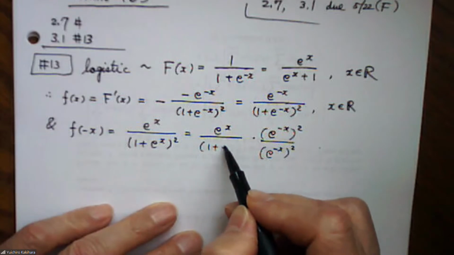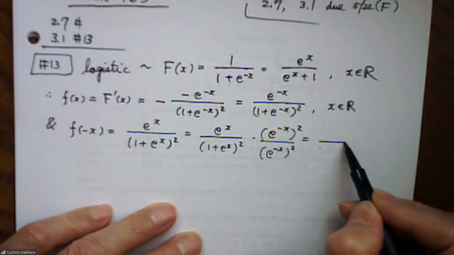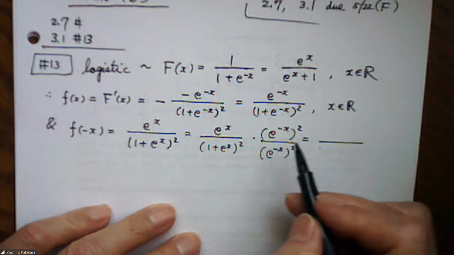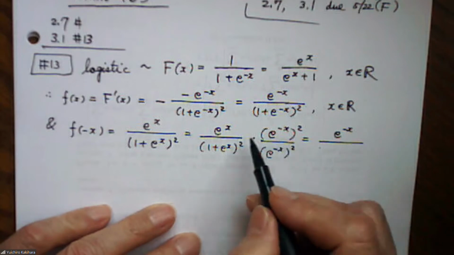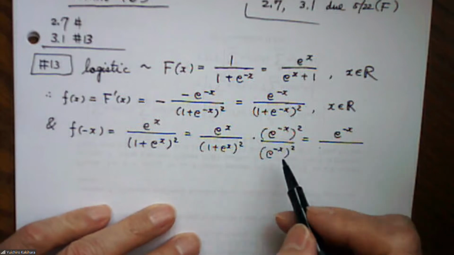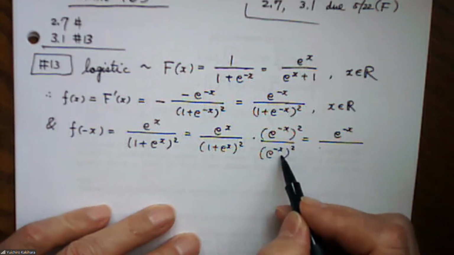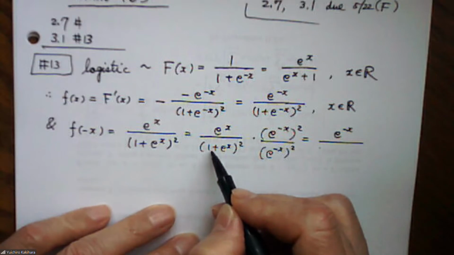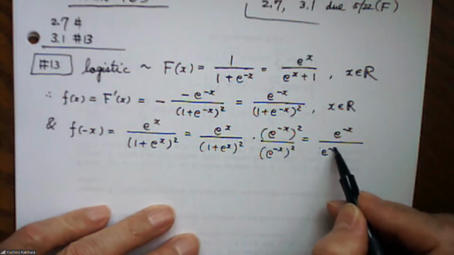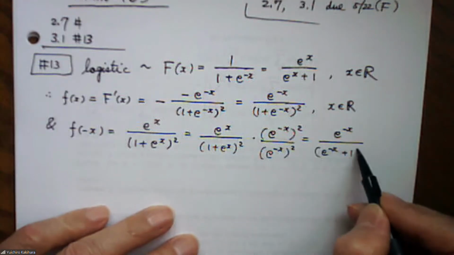Then the numerator is e to the negative x, and in the denominator, 1 times e to the negative x is e to the negative x, and e to the x times e to the negative x is 1, and this is squared.